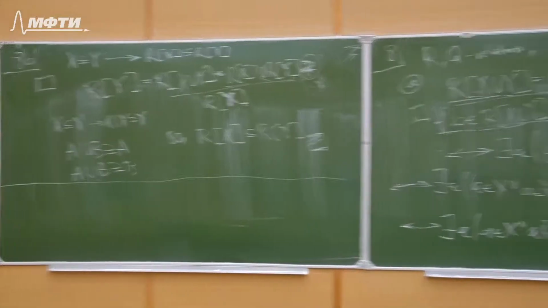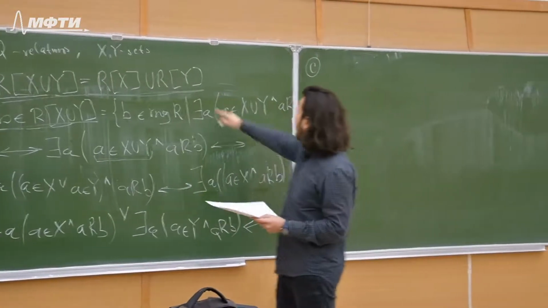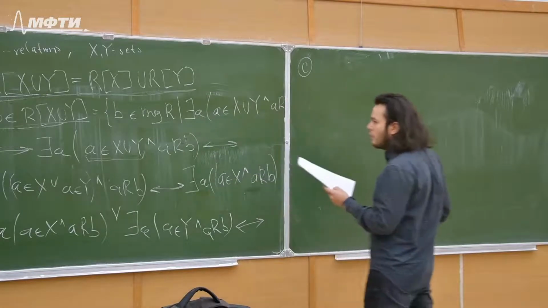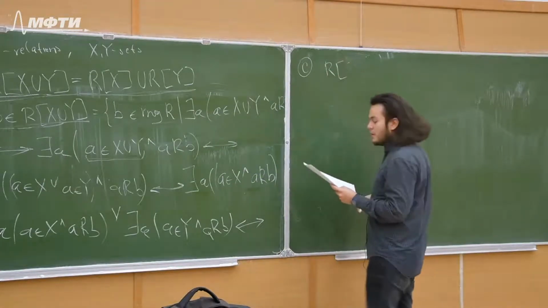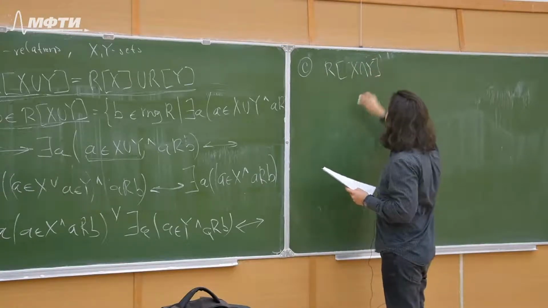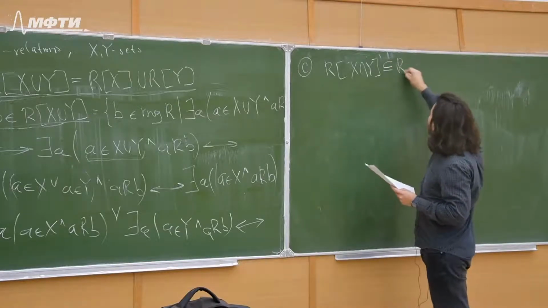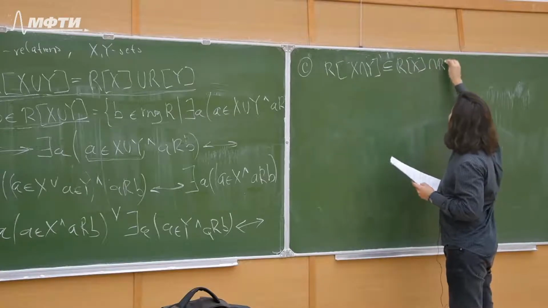We have to prove the analog to this one, but not the union, but the intersection. So that the image of the intersection of two sets X and Y is not equal, well, it's a subset of the image of X intersection the image of Y.